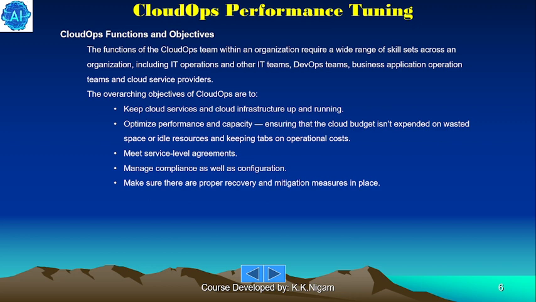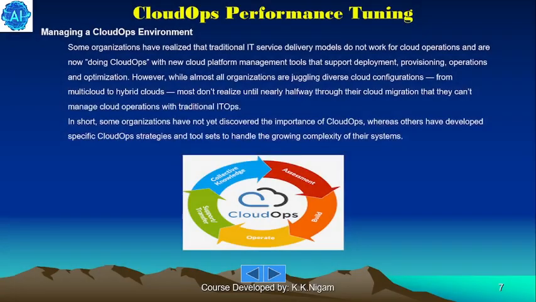The overarching objectives of CloudOps are to keep cloud services and cloud infrastructure up and running, optimize performance and capacity, ensure that the cloud budget isn't expended on wasted space or idle resources, and keep tabs on operational costs. Meet service level agreements, manage compliance as well as configuration. Make sure proper recovery and mitigation measures are in place.